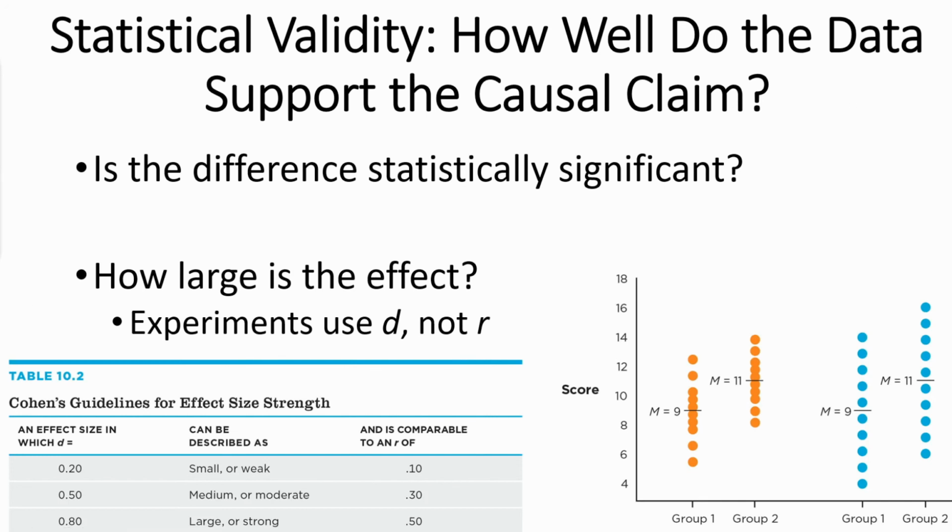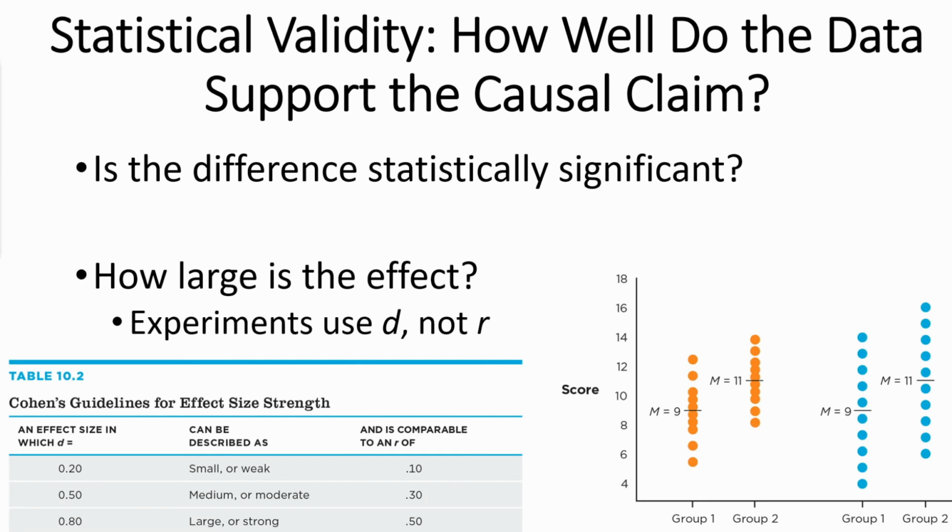If you have a really well-designed experiment with lots of subjects in that experiment, lots of participants, you might be able to point out a very small or weak effect that doesn't really mean much in the real world. So you have to kind of evaluate the difference between statistical significance and what that actually means in a practical sense.